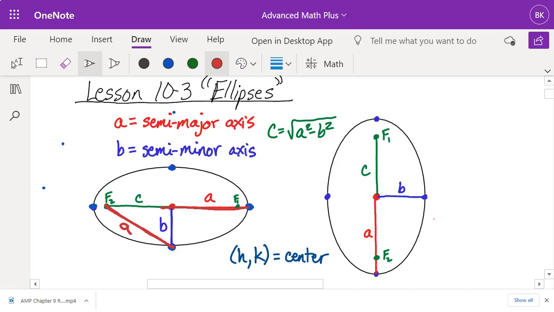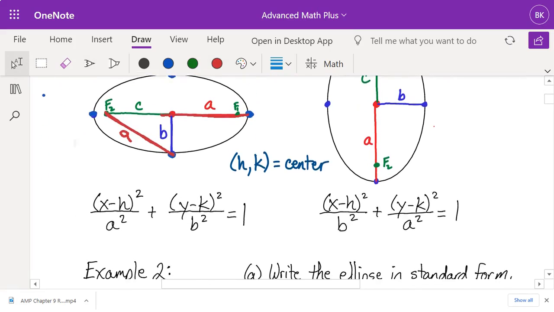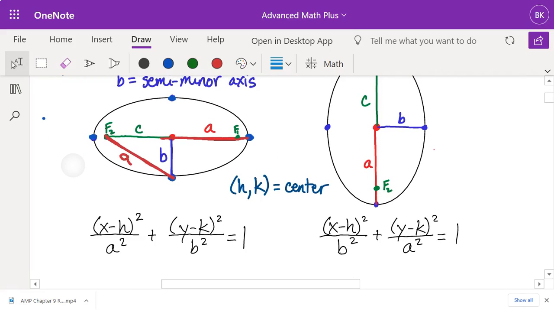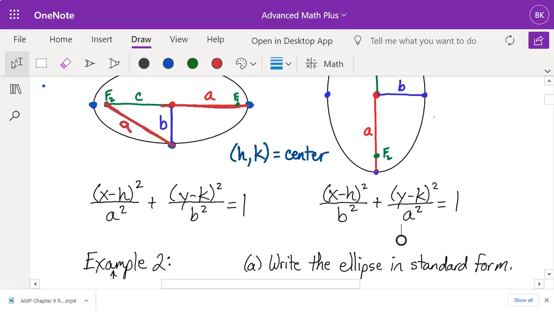All right. You have 2 different ways of making the equation. They're the same equation with one difference. Here, what is A squared under? The X. Here, what is A squared under? The Y. When A squared is under the X, your graph is going to be wider or more horizontal.